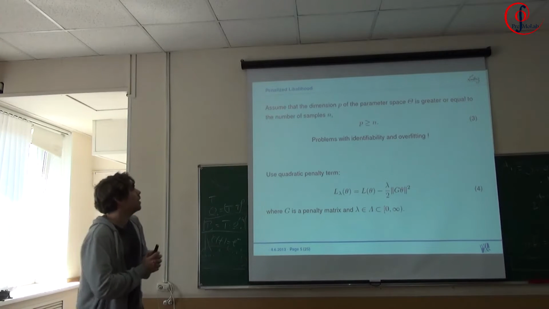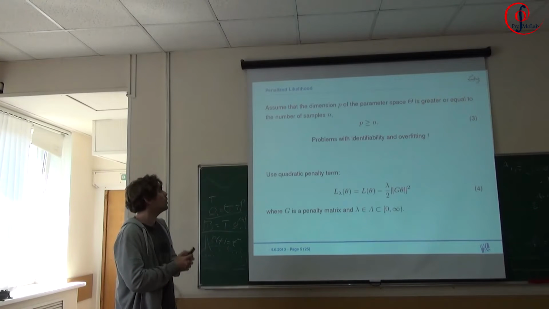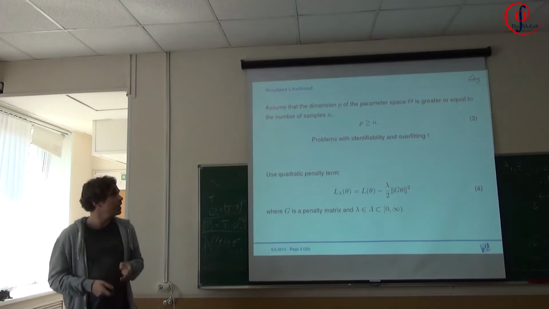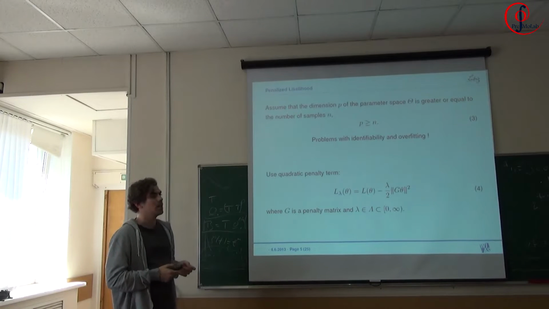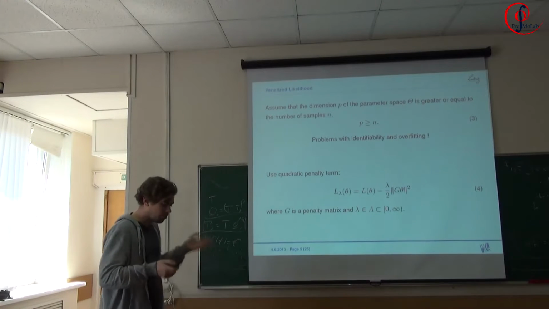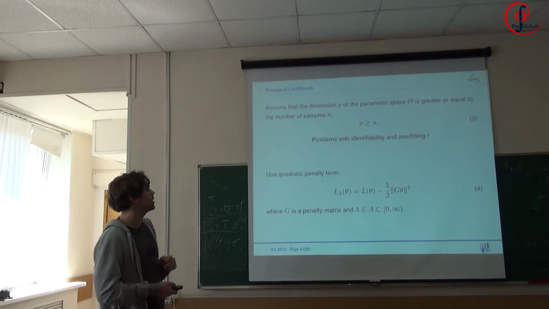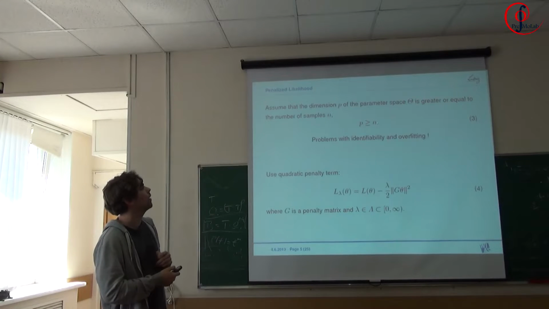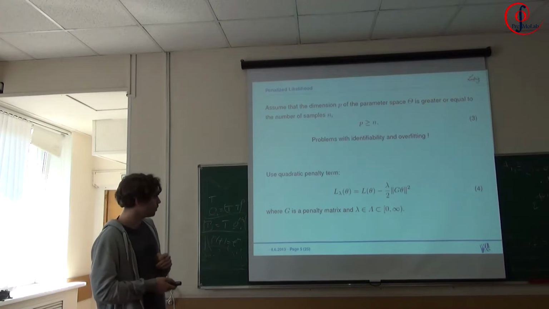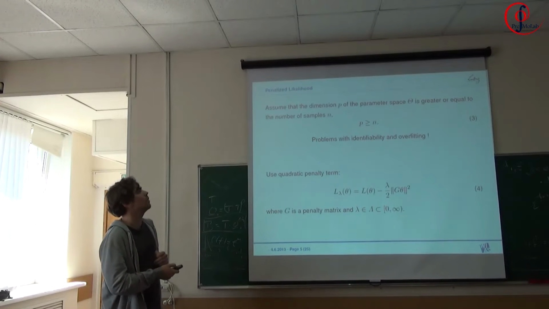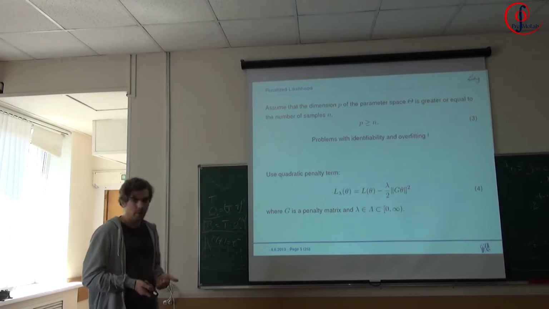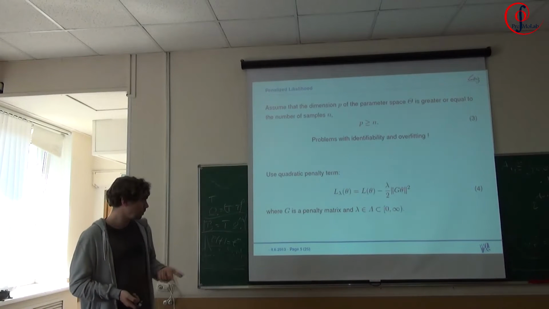So in our setup, we assume that the parameter dimension of the space Theta is larger or of the same order as the number of observations n, or perhaps even infinite, but I'm going to stick to the situation where we have about equality here. In the case where we have this larger than n, then we have problems with identifiability, we have problems with overfitting.